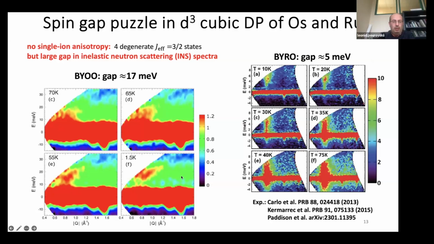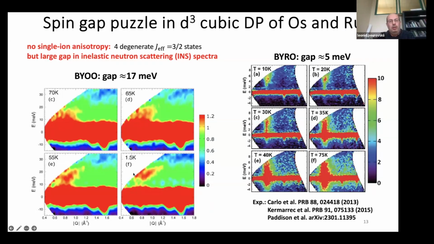The point is that one has a very large spin gap, which is quite unexpected for the cubic case when one has no single-ion anisotropy acting within J effective 3/2. And this gap seems to scale as a function of spin orbit. So in the osmium compound, the compounds are of the same type, but simply one can put in 5d osmium or 4d ruthenium.